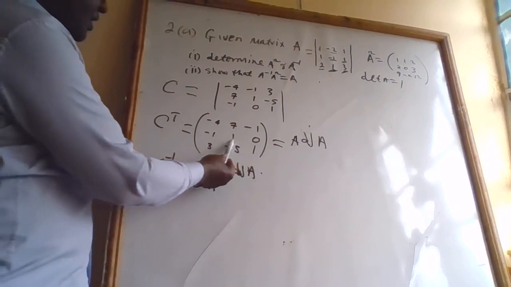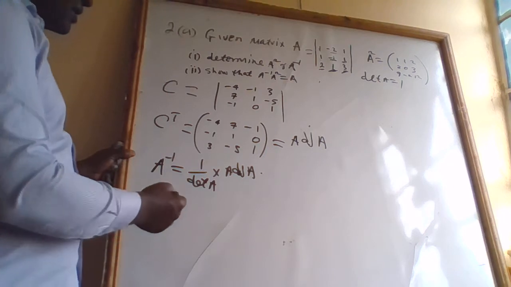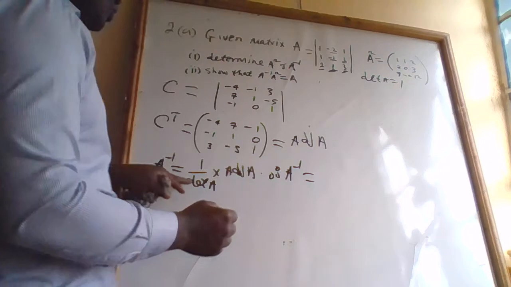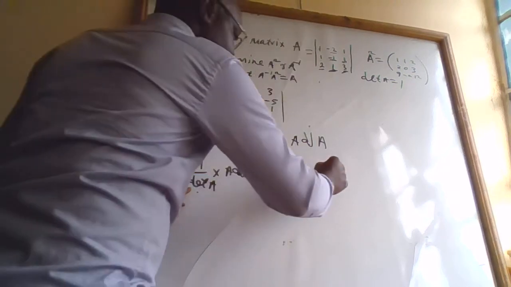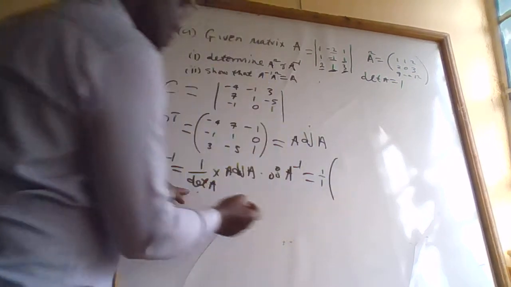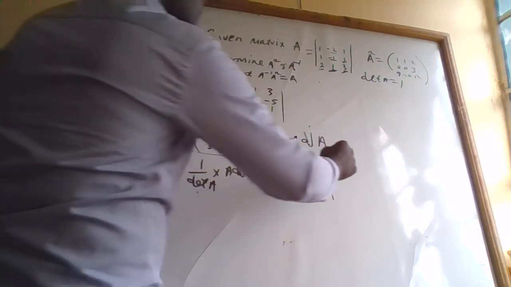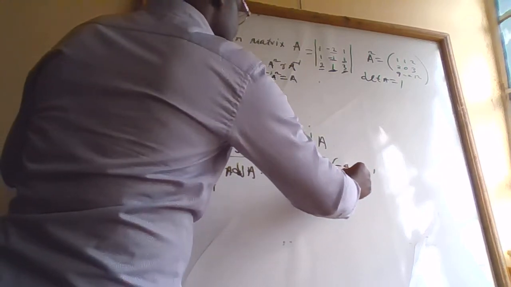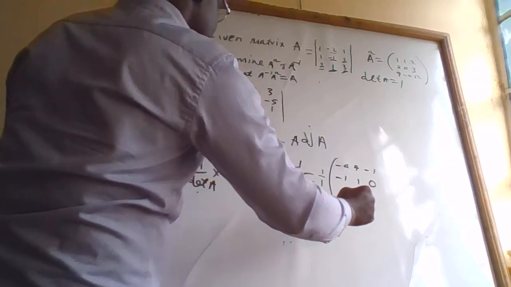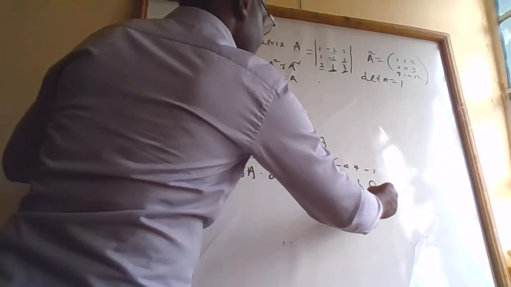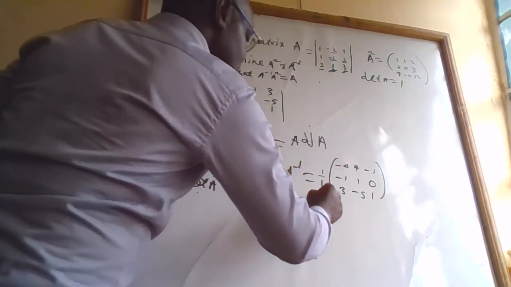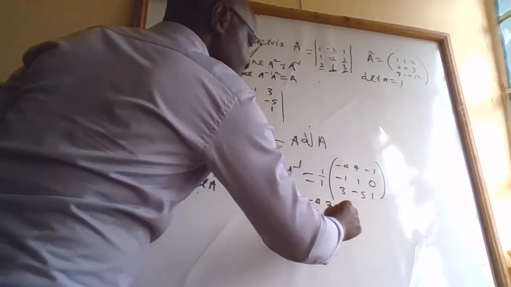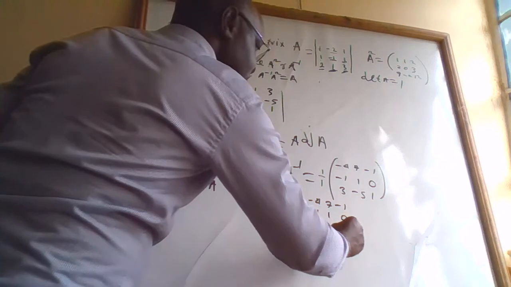Therefore, now that we have the adjoint and the determinant, we shall say the inverse of A will be equal to, the determinant was 1, so it will be 1 over 1 times the adjoint, which is now this one: negative 4, 7, negative 1, negative 1, 1, 0, 3, negative 5, 1.